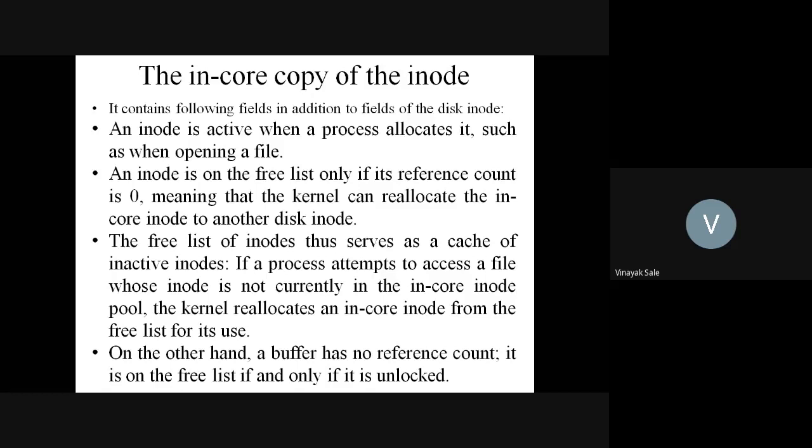On the other hand, a buffer has no reference count; it is on the free list if and only if it is unlocked. Whereas an inode on the free list has a reference count of 0.